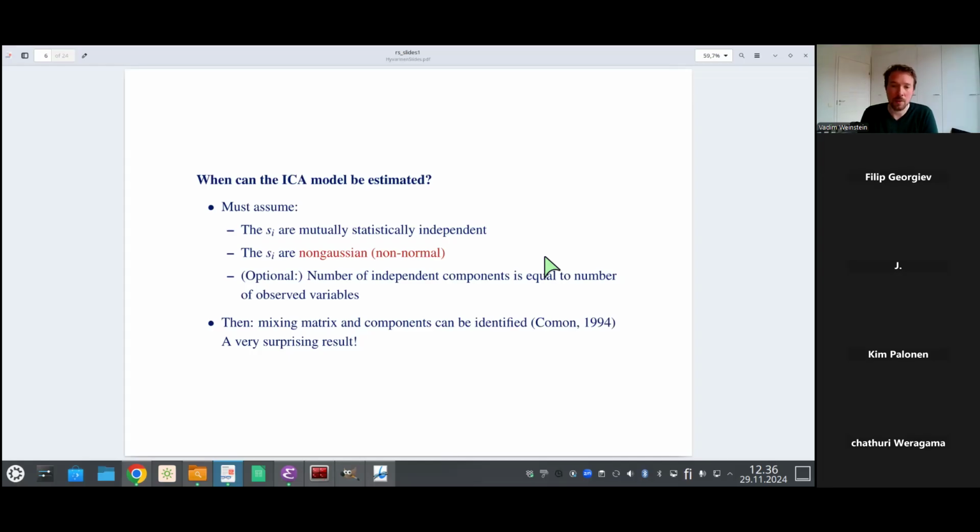So in our example, it was the number of microphones and the number of original sources. If they're the same, then this works better than if there are more sources, for example, than measurements.